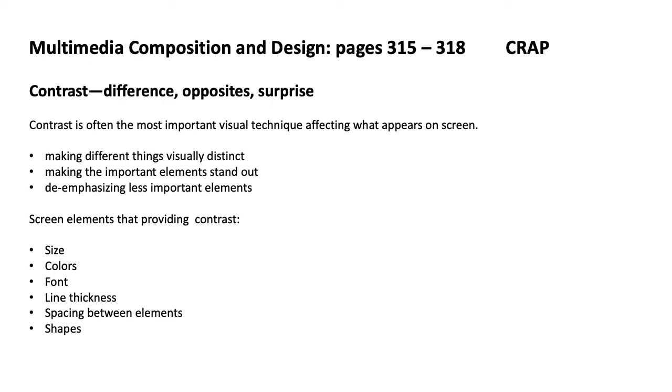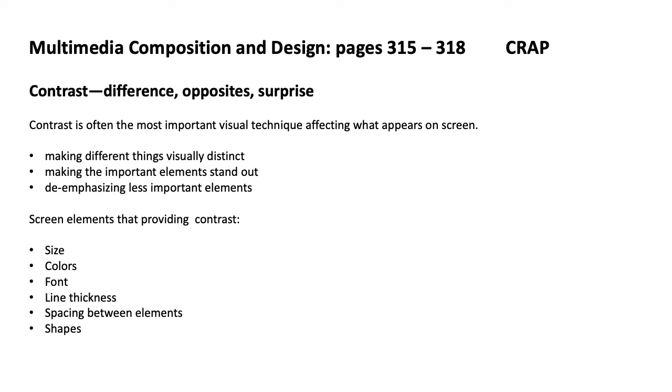Some things that you can use to provide contrast would be size, small versus large, colors. Typically black and white offer the highest level of contrast, but things like blue and orange, green, yellow, and so on. Font. Okay, we could play with the size of font.